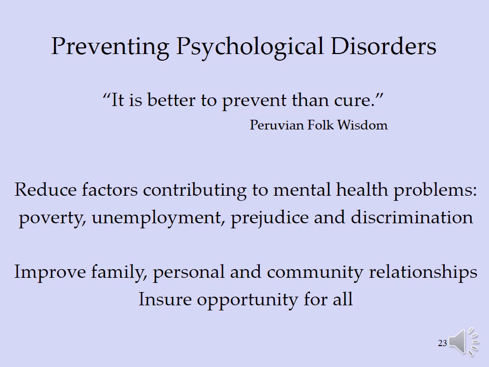And also, if we help people improve relationships within their family, personal relationships within their community, we also are going to see less psychological disorder. If we can ensure that everybody has the opportunities, again, less psychological disorders are going to result. So there's many things we can do. It's going to take a lot of effort on our part, though, to attack some of these societal problems.